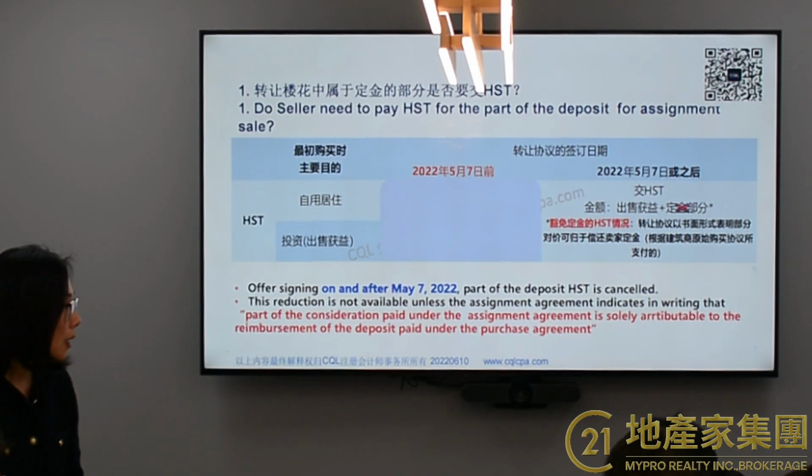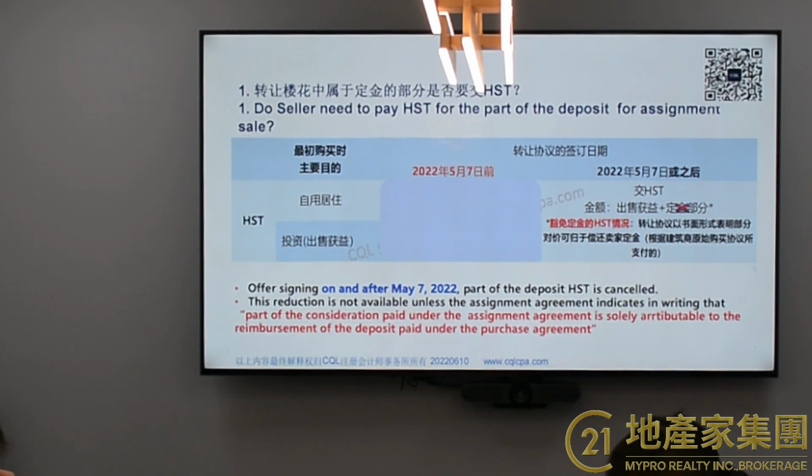Okay, but the revenue agency says you need to put wording in the agreement: part of the consideration paid under the assignment agreement is solely attributed to reimbursement of the deposit paid under the purchase agreement. Usually when we sell an assignment, the buyer and seller have a money transaction.